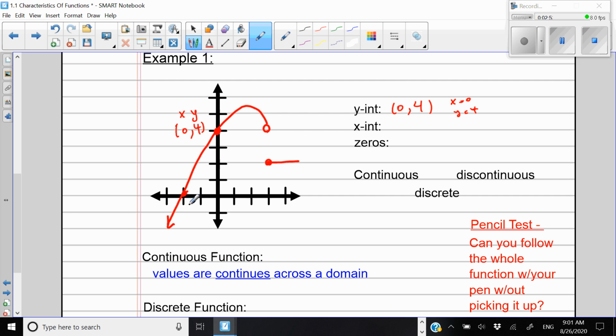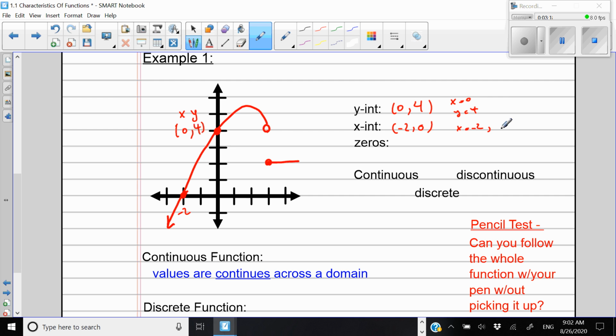Okay, what is the x-intercept here? The x-intercept is where the graph is crossing the x-axis, and that's this point in this case. At this point, the y value is 0. But what is my x value? It's -1, -2. So my x value is -2.